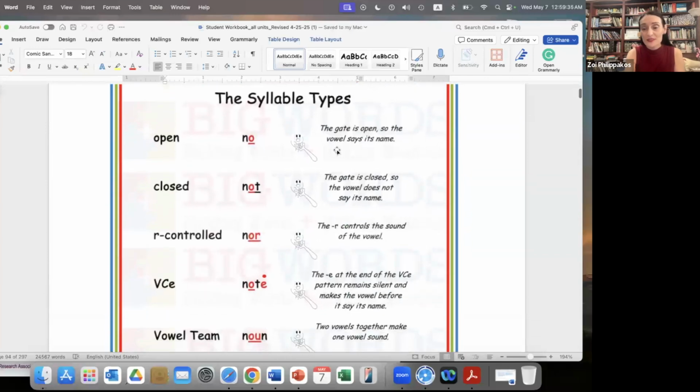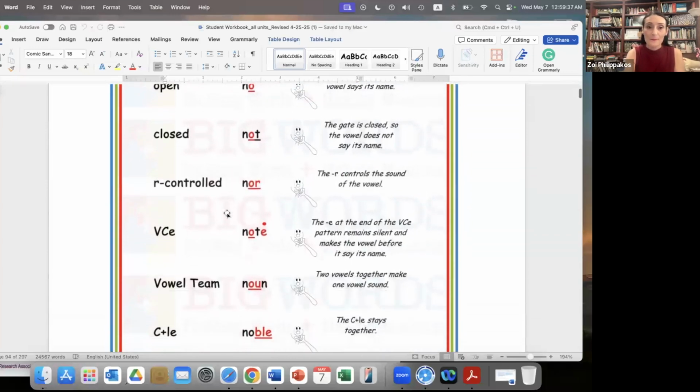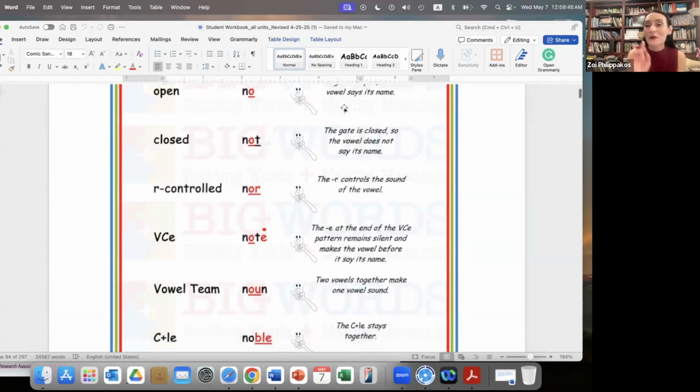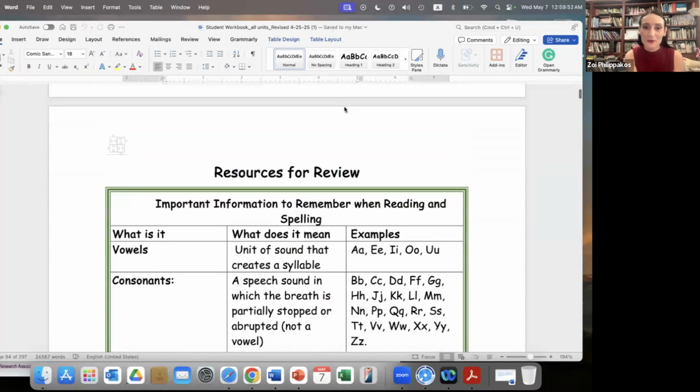Also, they have access to the syllable types with a little explanation next to each one. For open, it says, the gate is open, so the vowel says its name. So it is something for them to remember, easier, faster, with easy access to remember the type of syllable.